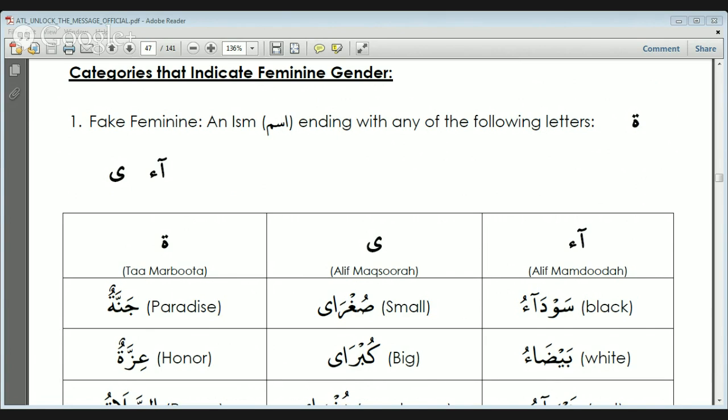Because there's nothing here that makes it stand out as feminine. Again, what's the default way of finding if a word is feminine? Those 3 ways. Those 3 ways are the default. I'm going to make it red so that there are default ways.